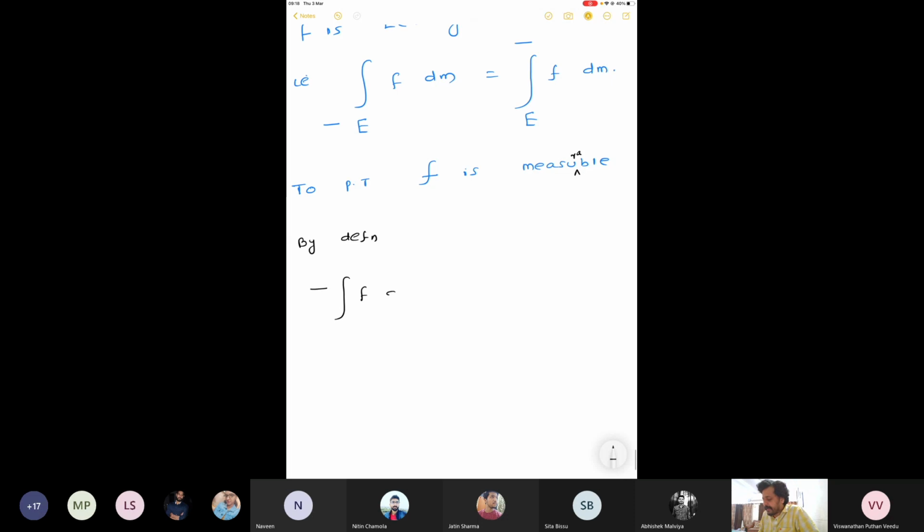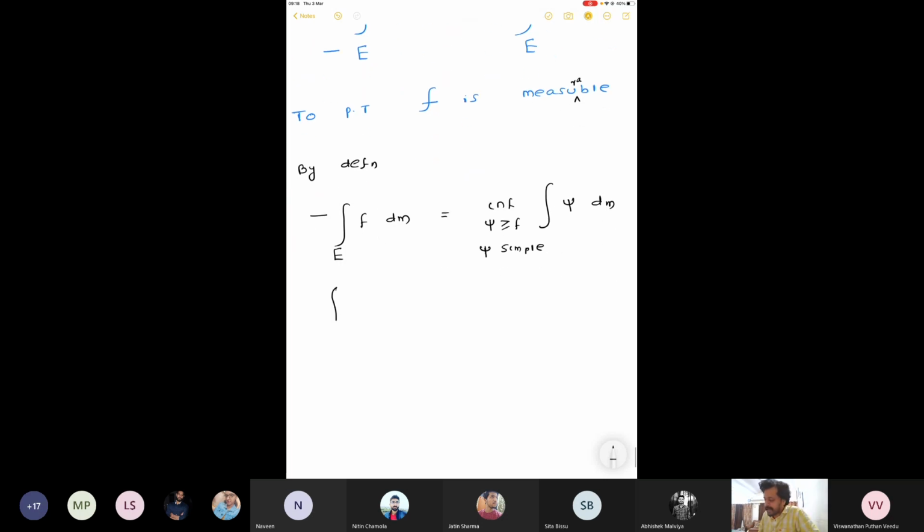the upper Lebesgue integral of f dm is the infimum of the integral of psi dm, psi greater than or equal to f, psi simple. This is the definition of the upper Lebesgue integral. And the lower Lebesgue integral definition is the supremum of the integral of phi dm, phi less than or equal to f, phi simple.